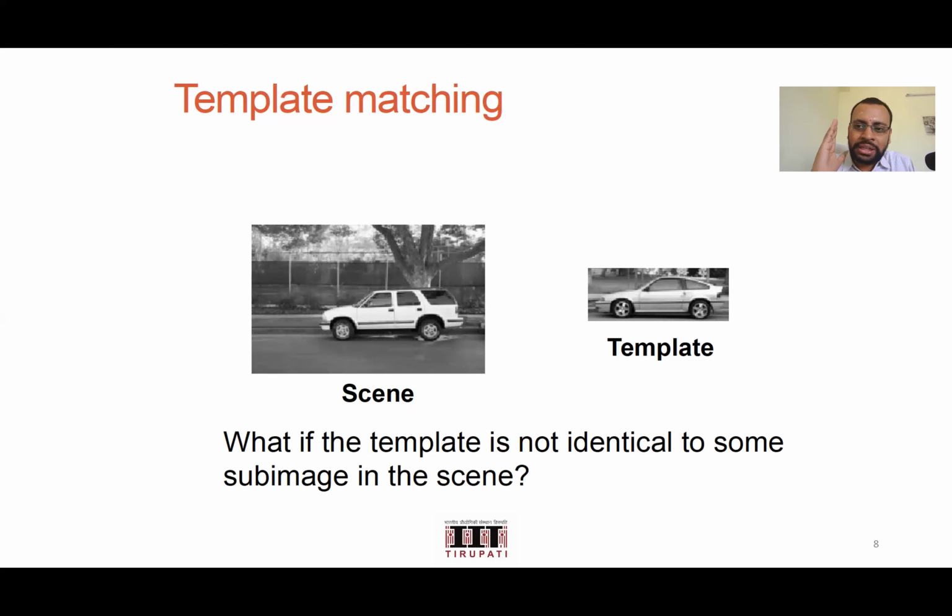Even if you have taken it in the same orientation, there could be some background changes. See here, the kind of wall or other background items you have are different from what you have here. In the correlation, although you fit your template close to the car, it has to account for this length and this width, so this background part also would come in. And if the content in the background in that region is different, that also would cause a problem.